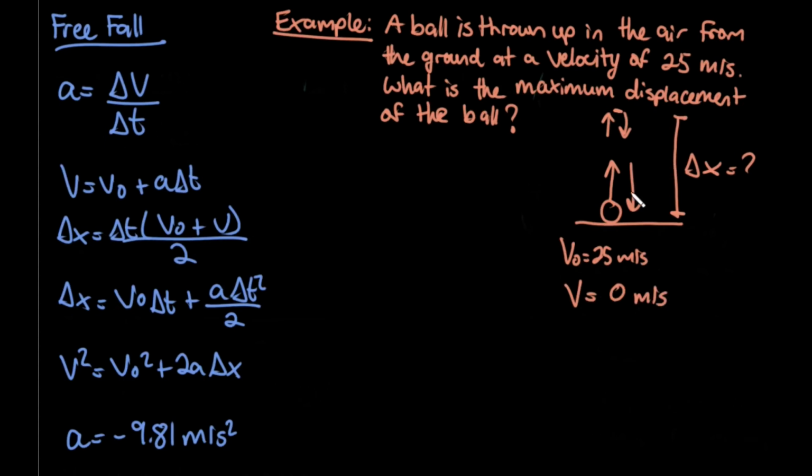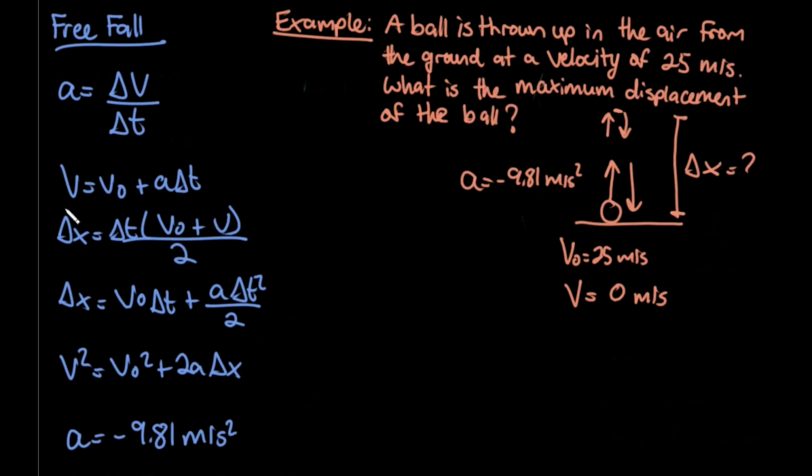Because this is a free fall problem, my acceleration is always negative 9.81 meters per second squared. The only information that we don't know is our displacement and our time.